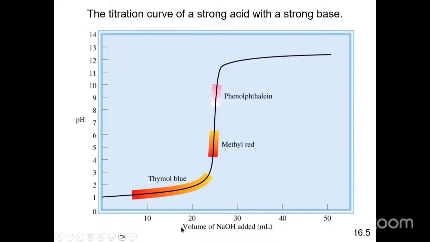But in some cases where you do not have a pH meter at hand, or you don't want to use a pH meter, to find the equivalence point you basically use an indicator whose pH color change range falls within the big leap in the pH as you go from here to here, right?